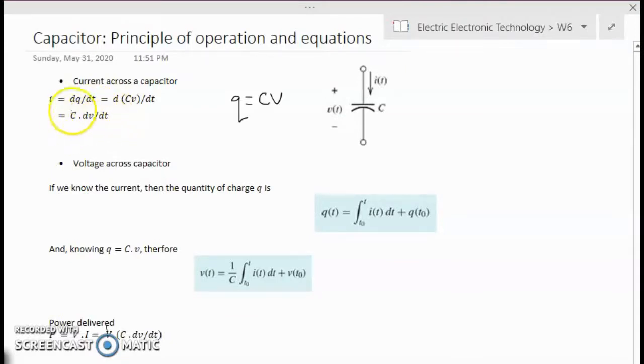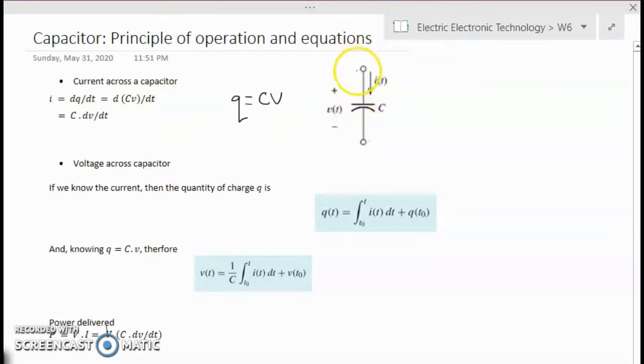So let's take a look at this equation for a moment and understand what it means. It means that we have a current which is proportional to the capacitance of the capacitor, and it is also proportional to the variation of voltage across the capacitor. So what does this mean? If we have a higher variation of voltage, meaning more voltage difference between this terminal and this terminal, then we have a huge current flowing, right?